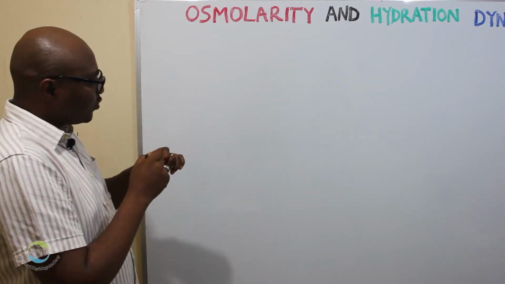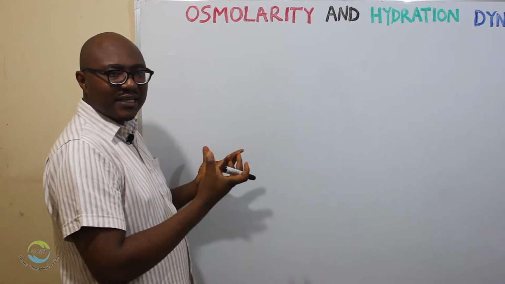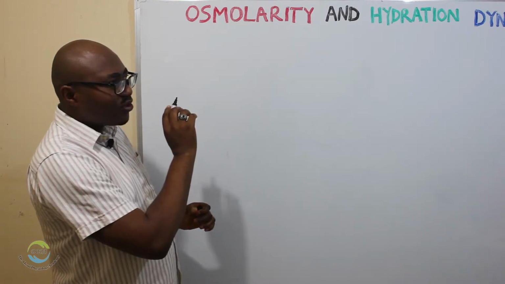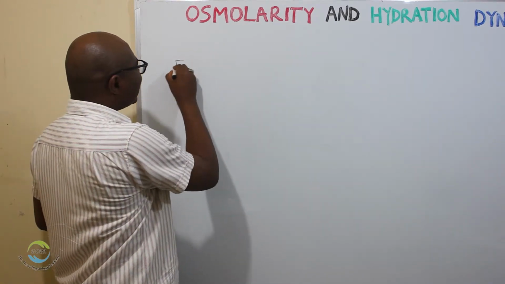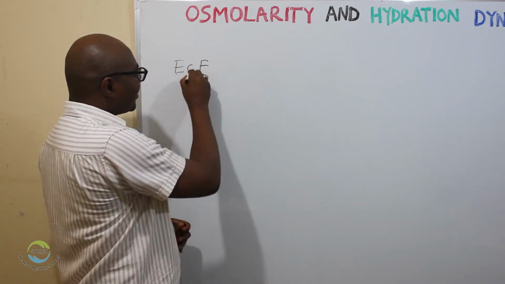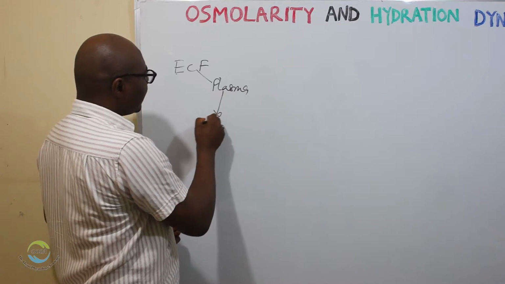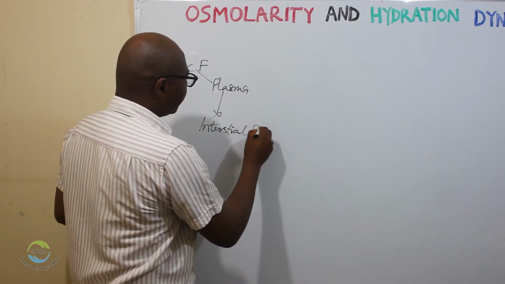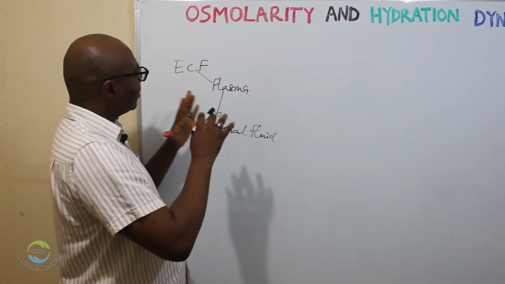So now we are going to be relating osmolarity, how concentrated the body fluids are. Because when we're talking about concentration of body fluids, the focus is on the ECF, especially plasma, and also interstitial fluid. Okay? That's where we are focusing.